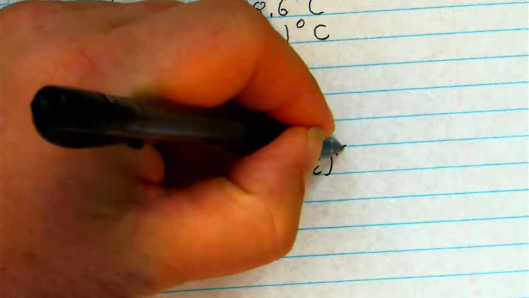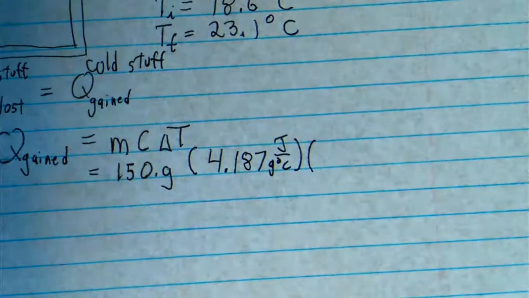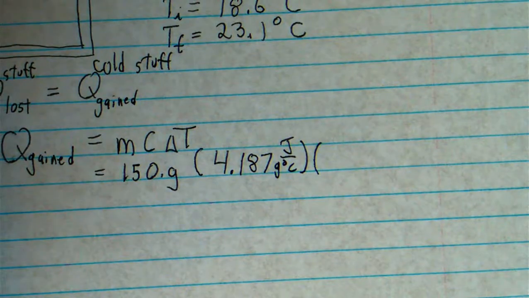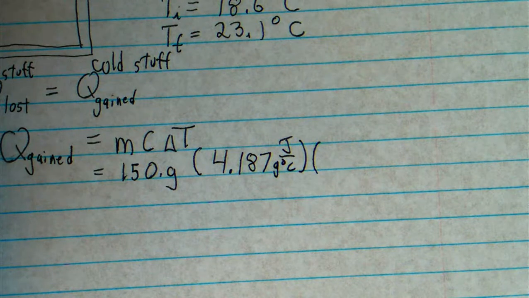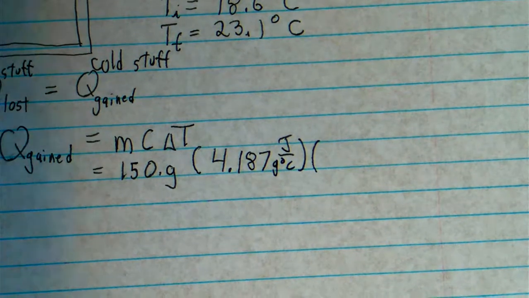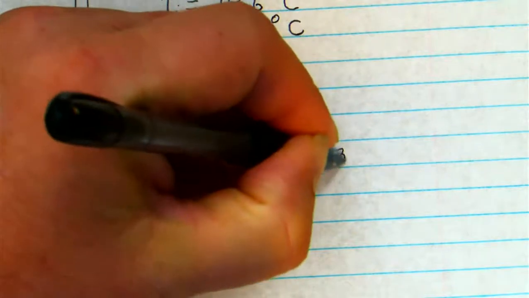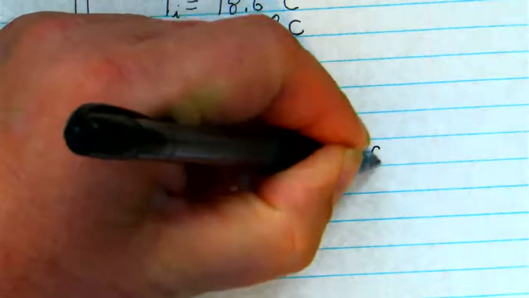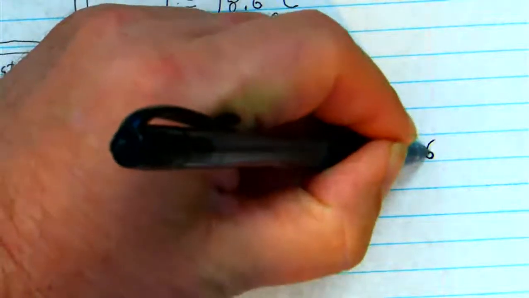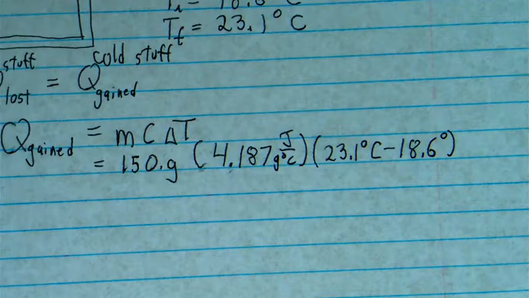And for the change in temperature, I'm going to write it in reverse order. Actually, no, I'm writing it in the correct order. It's 23.1 degrees Celsius minus 18.6 degrees Celsius.